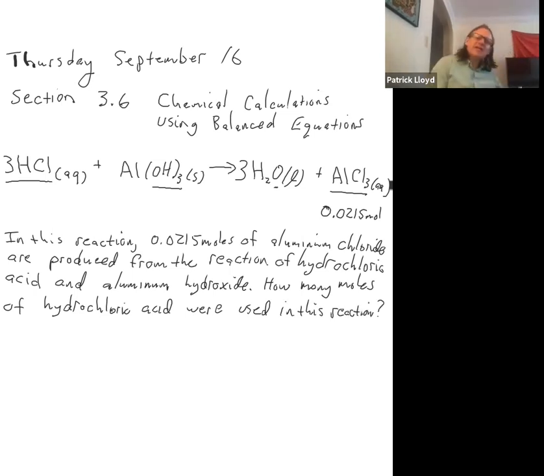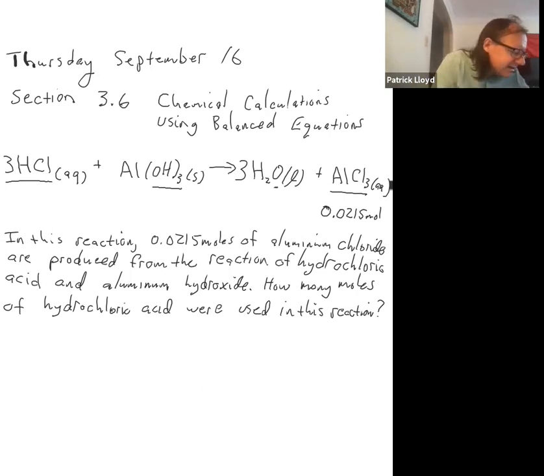Okay, so putting it into words there, because sometimes that's a little bit more advanced idea, because part of what you're doing when you do these problems is you're practicing doing these conversions of language into calculations. So in the reaction, 0.0215 moles, I wrote that under the aluminum chloride. That's how much is produced. How many moles of hydrochloric acid had to get used to make that 0.0215 moles of aluminum chloride?